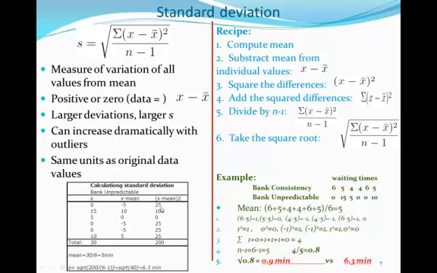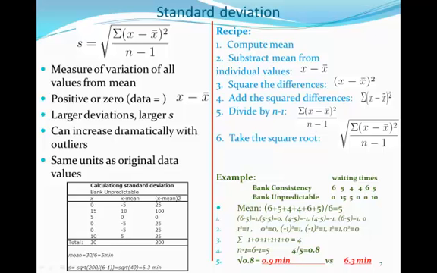So 25, 100, 0, 25, 25, 25. You add those up, you get 200. So our standard deviation equals the square root of 200 divided by 6 minus 1, which is the square root of 40, which equals 6.3 minutes.